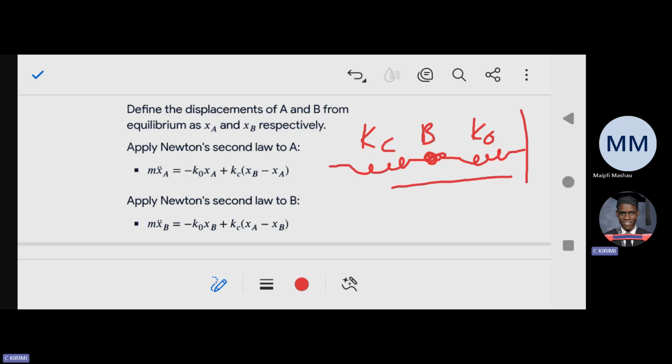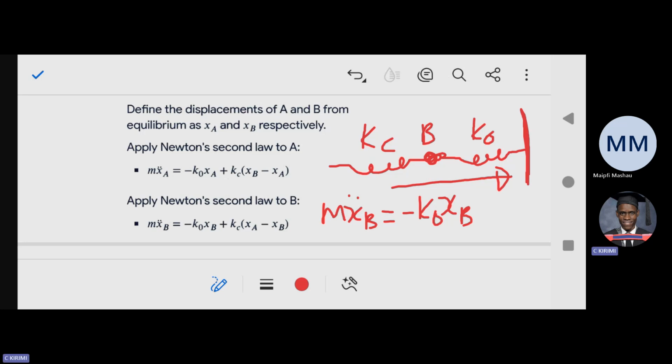When you compress, towards this. Towards the wall. Yes. So the mass times acceleration at B will be equal to the force, which is minus K naught multiplied by the displacement, which is X what? B. And also this spring is not attached to any mass.